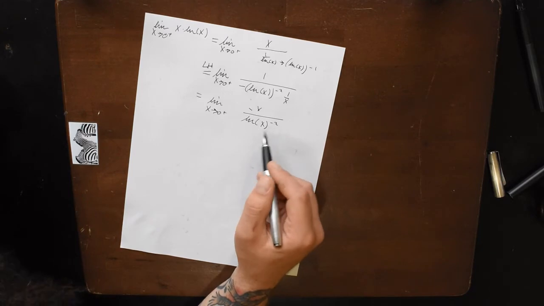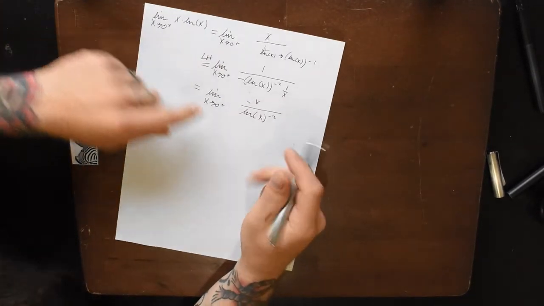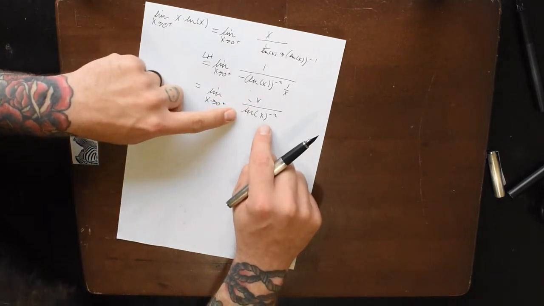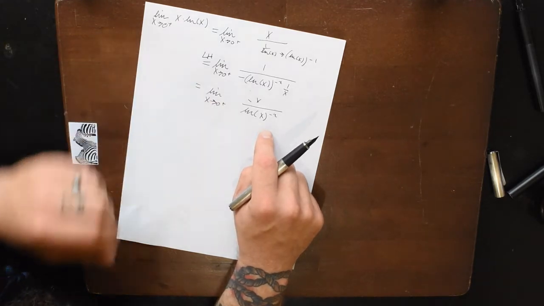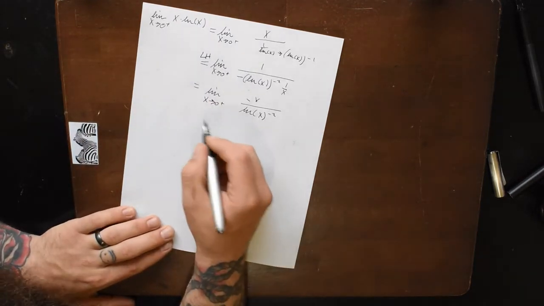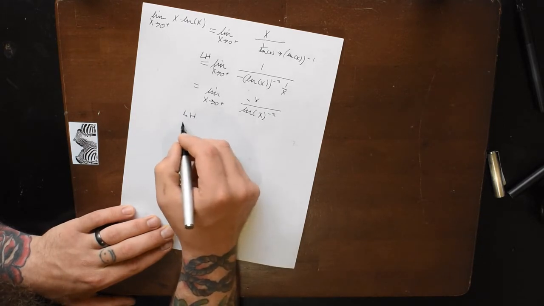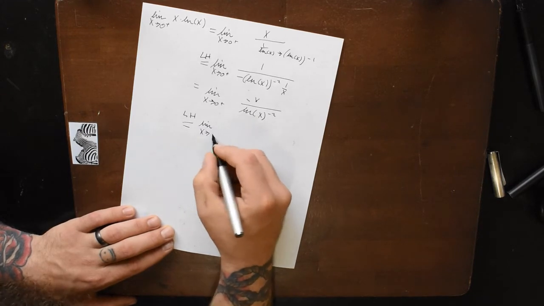As we continue to take this thing's derivative, it's never going to settle down to something nice. We're always going to be getting all of these x's in the numerators and an increasing number of natural log of x's in the denominator. This thing kind of explodes. We'd still get a 0 over 0, so let's say, well, what if we try and do it again? Sometimes we have to apply L'Hopital's rule a couple times, so let's see.